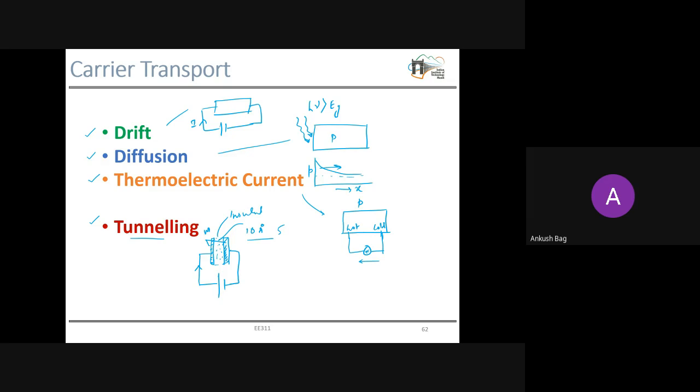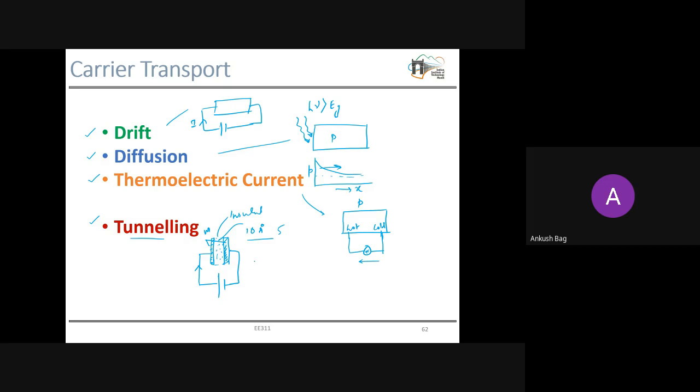But here, your actual electron will cross this insulator. Obviously, the question is how this electron can move from one metal contact to another metal contact in the case of tunneling. That is why I kept tunneling separate from this group.